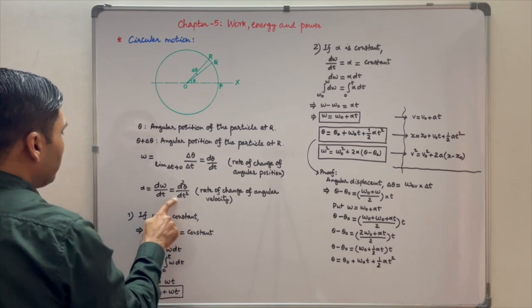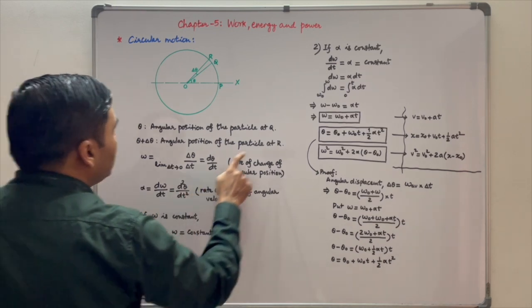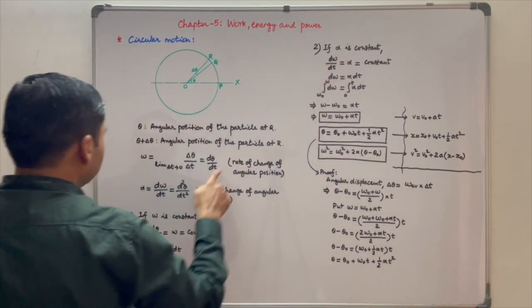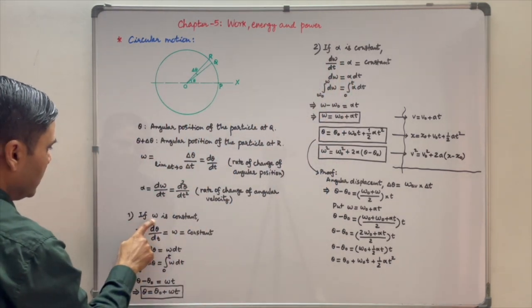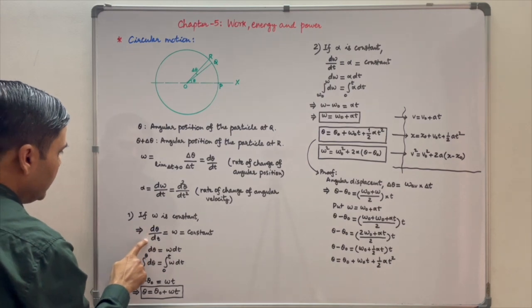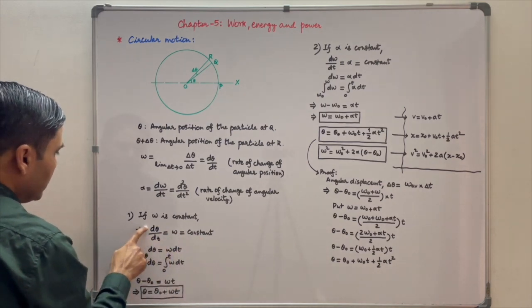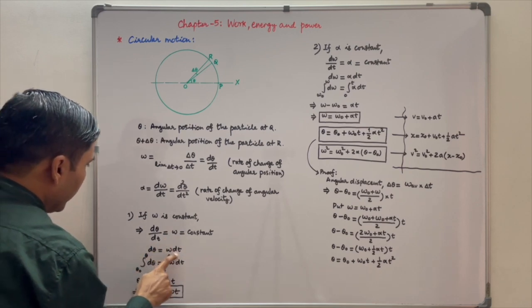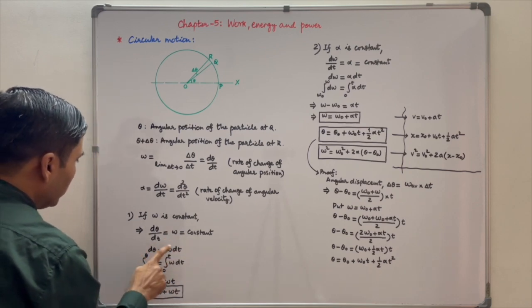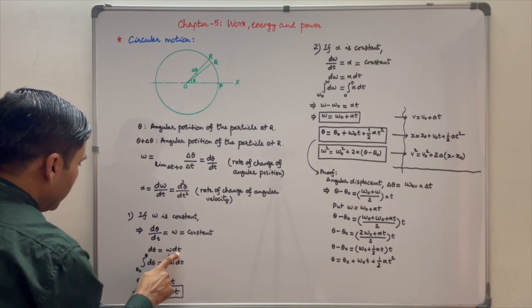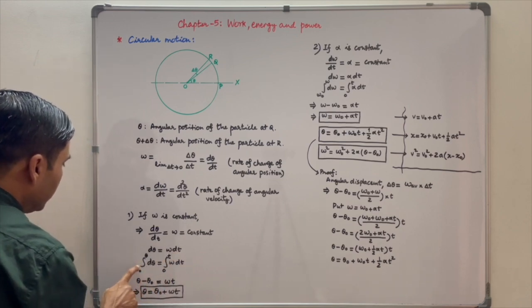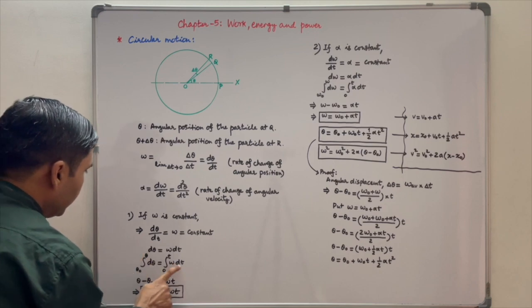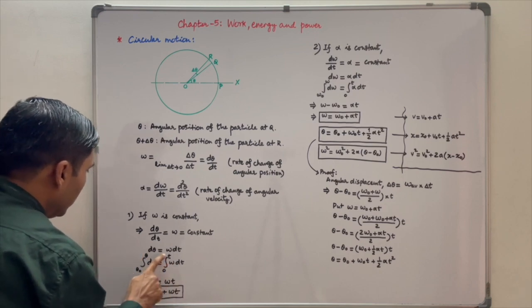Let us see what happens when omega is constant and when alpha is constant. Suppose omega is constant, that means d theta upon dt is constant. d theta upon dt is equal to omega, or d theta is equal to omega dt. Let us integrate both sides of this equation within limits. d theta within the limits theta 0 to theta and dt within the limits 0 to t.